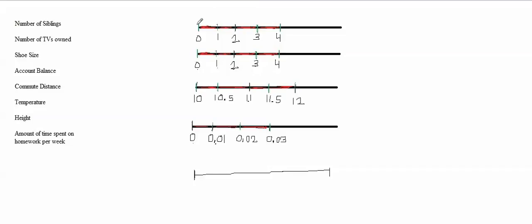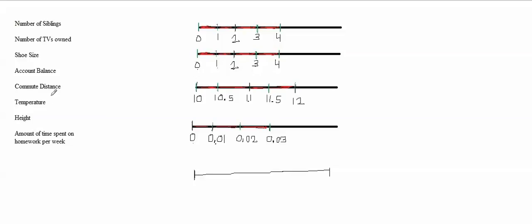So up here, I marked off every part of the number line that was a possible value in green. The reason why this was green is because a value can fall here on the number line, and the reason why this was green is because a value can fall here.